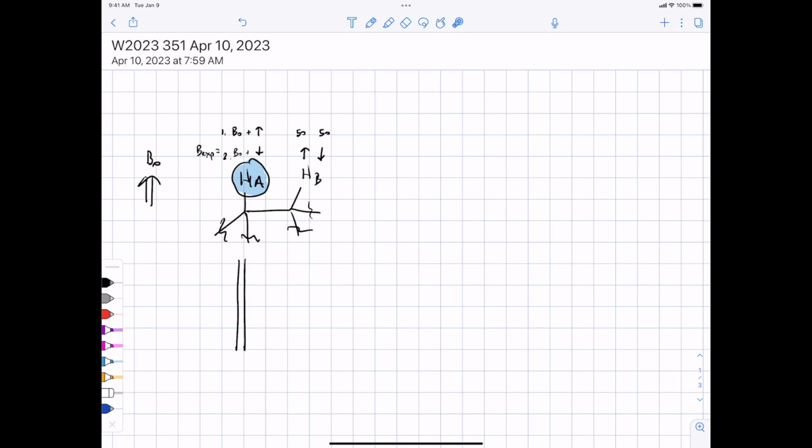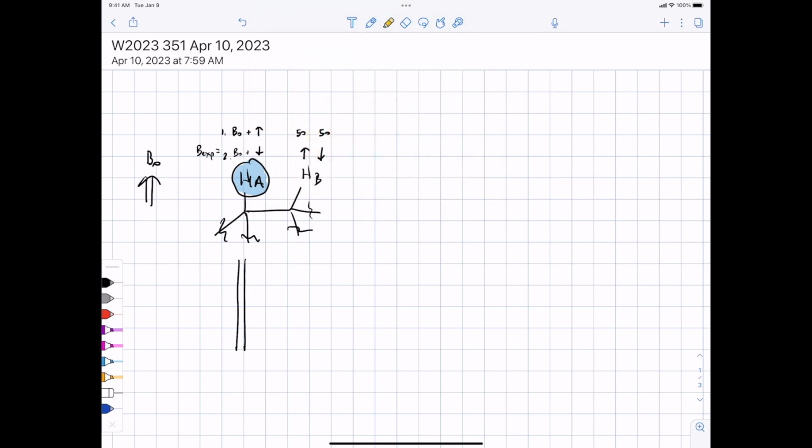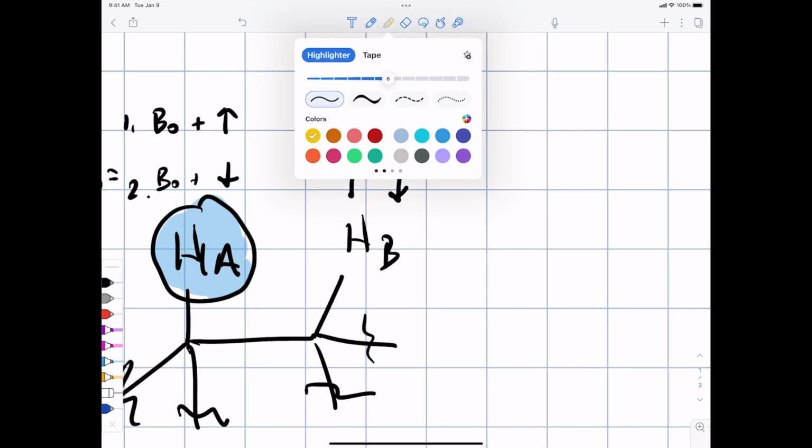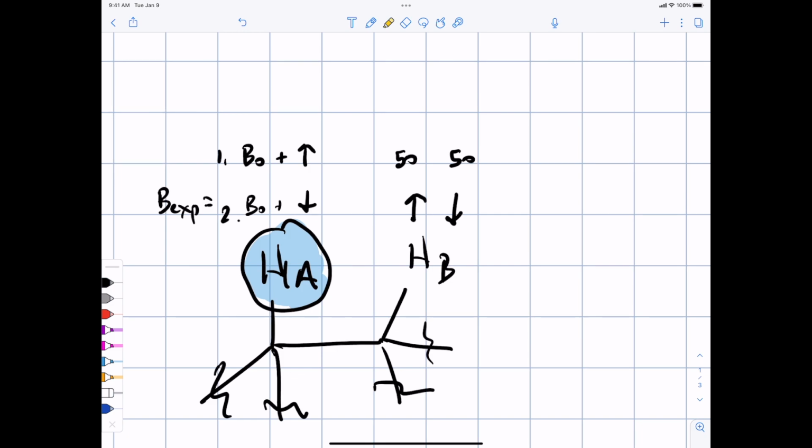One of the things that I told you a few times ago was that in the presence of this external magnetic field, there's a difference in energy between being aligned with the field versus against the field. And that difference in energy is small enough such that it's still about 50-50 with versus against the field.